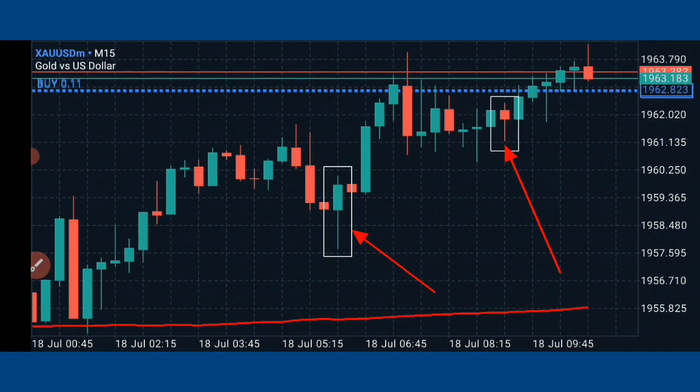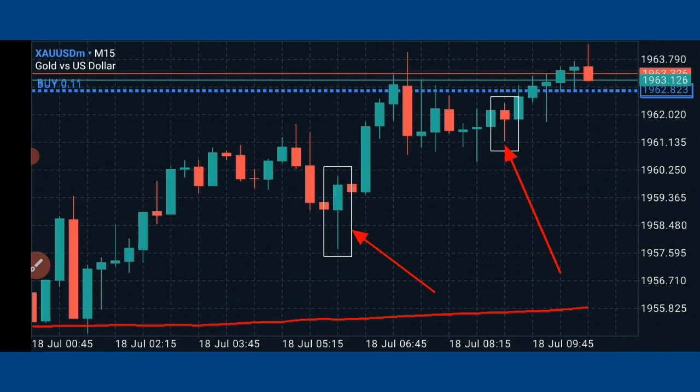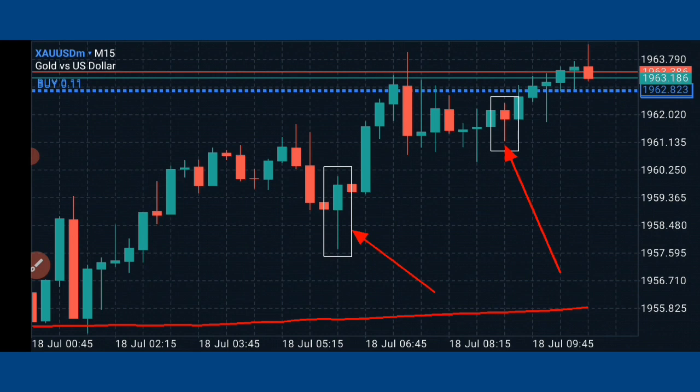When the market gets to where you envisaged, you don't just enter the market immediately you see it there. That is where the knowledge of candlestick patterns or formations comes in. It is the candlestick formation that will tell you, as the market touches the area you envisaged, whether to enter then or wait.